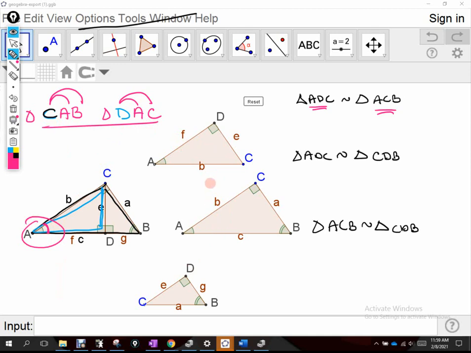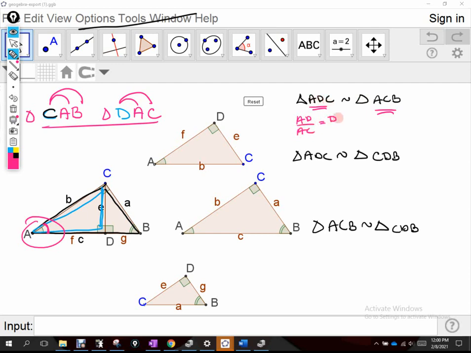GeoGebra actually takes the images, separates them, rotates them, and flips them so that you can see a one-to-one correspondence with angles.